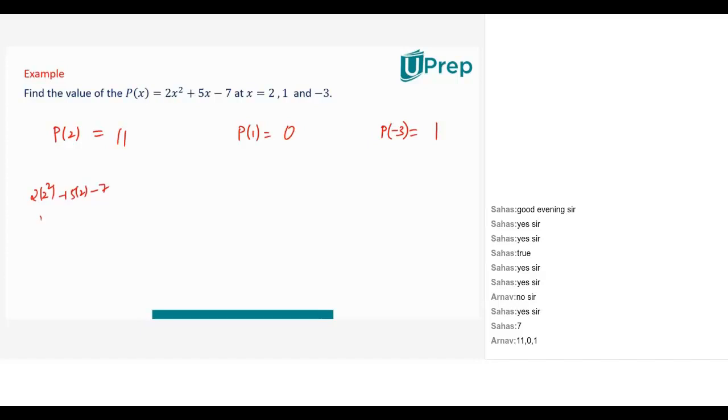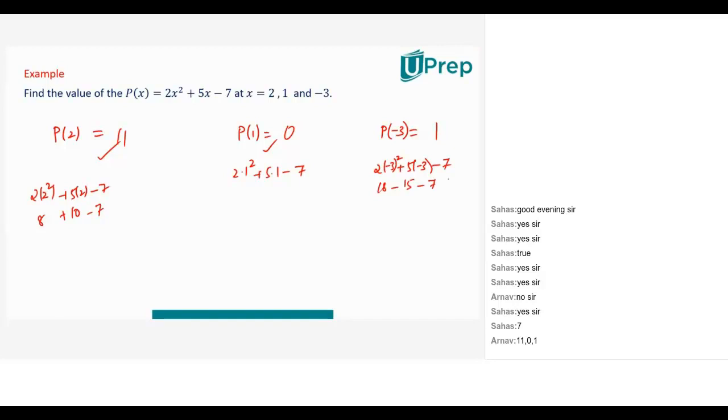2 into 2 square plus 5 into 2 minus 7. 8 plus 10 is 18, minus 7. 11 is correct. 2 plus 5 into 2 is 7, minus 7. 0 is also correct. 2 into minus 3 whole square, plus 5 into minus 3 minus 7.